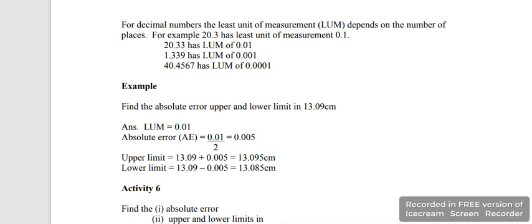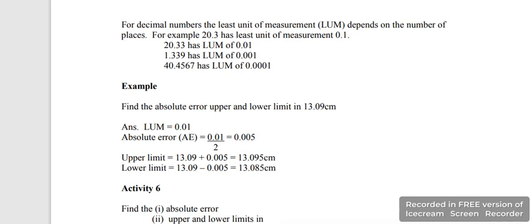If it is 20.33, it will be 0.01, 2 decimal places. If it is 1.339, the answer will be 3 decimal places, meaning 0.001.